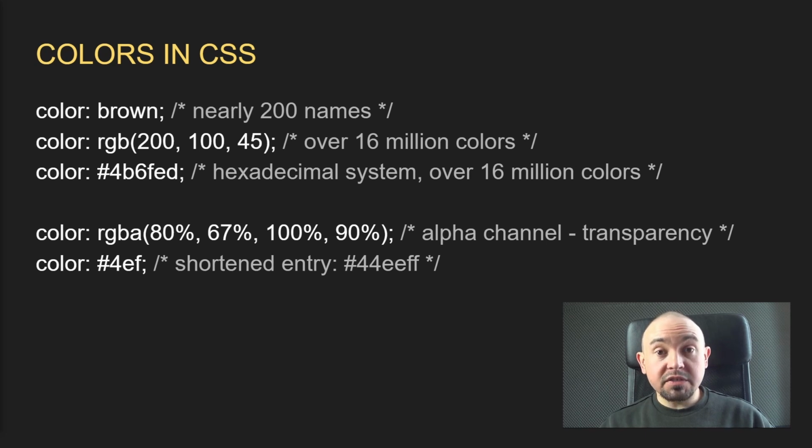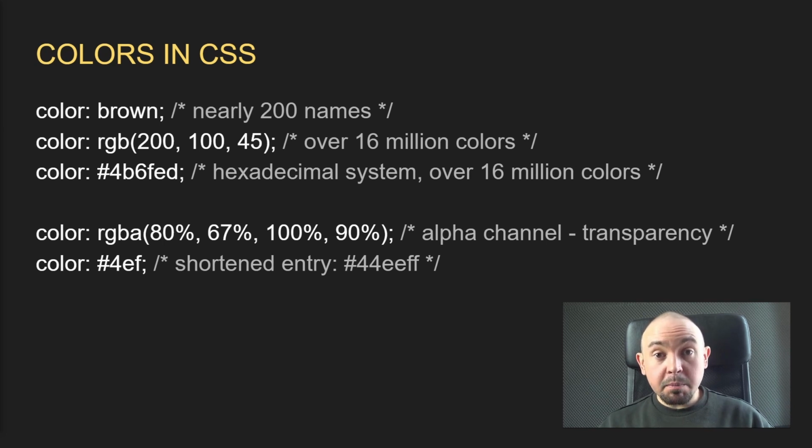And for the numbers from 10 to 15, we use the letters of the alphabet from an A to an F. In the RGB function, we can also use percentages instead of the numerical values from 0 to 255, where 0% means 0 and 100% means 255.